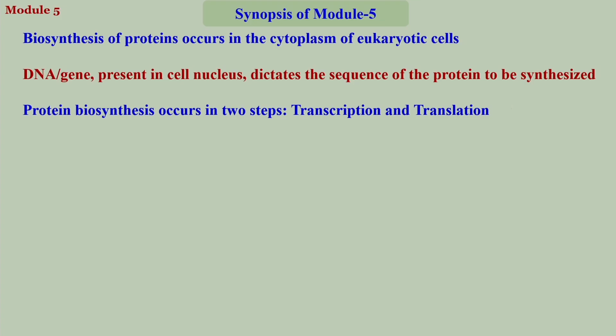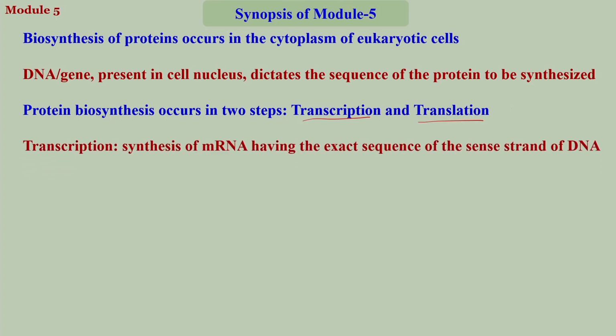The whole process of protein biosynthesis occurs in 2 steps, as we have seen. One is called transcription, the other is called translation. We have discussed in detail what transcription and translation are and what their mechanisms are. Transcription is the synthesis of the mRNA having the exact sequence of the sense strand of DNA.